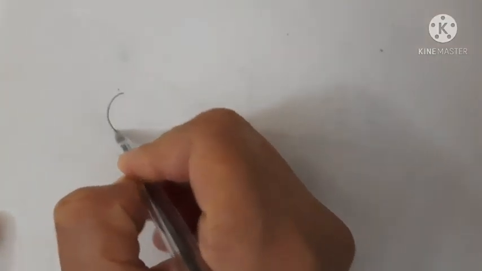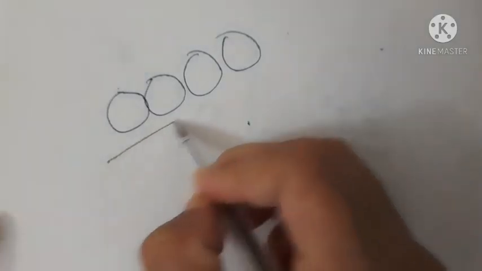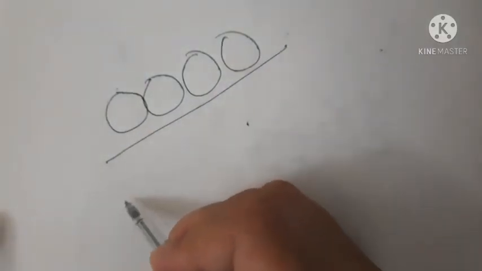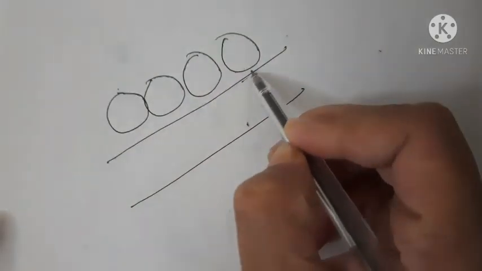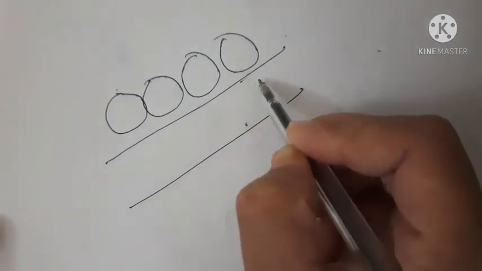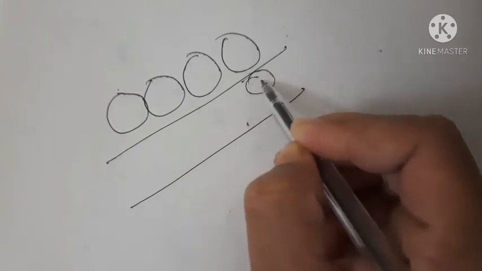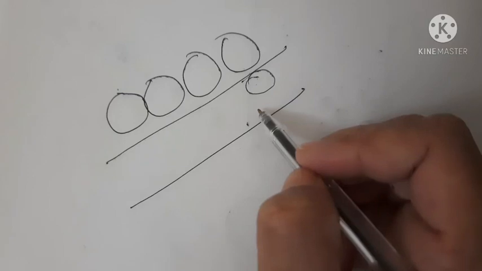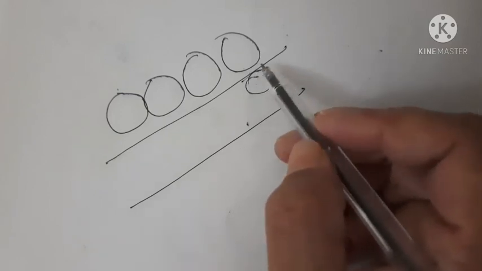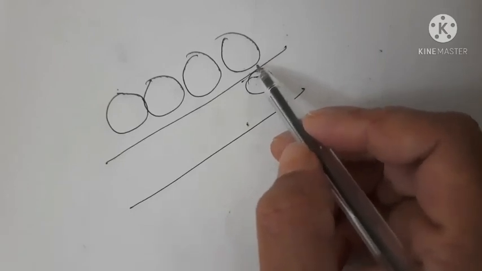For example, suppose these are the body cells, and suppose this is the blood vessel, the capillary, where blood is flowing, and blood also has cells. Let us say these are red blood cells, because red blood cells can transport oxygen and carbon dioxide. So this is a capillary. It has a very thin wall. This you will study in class 10.